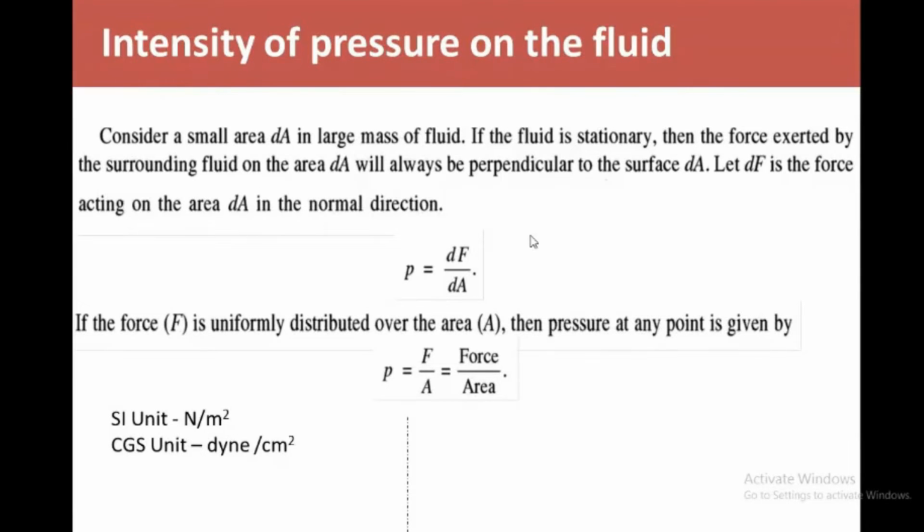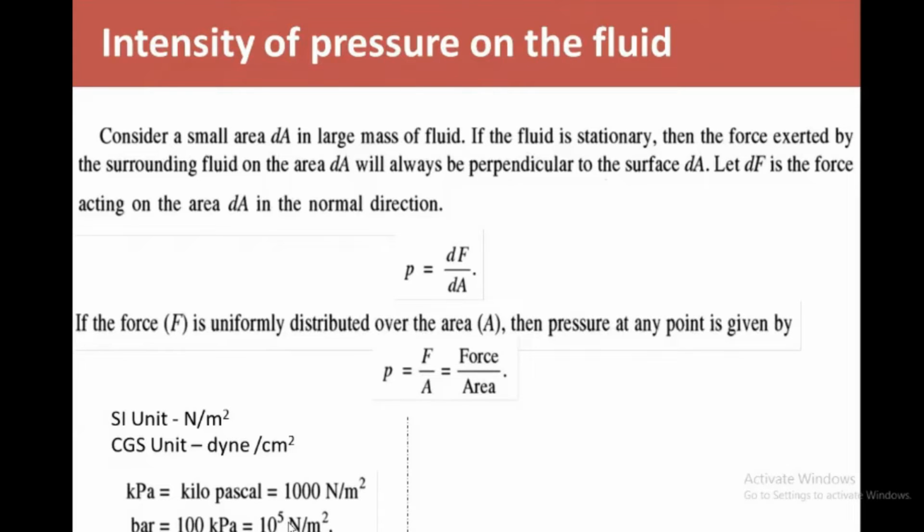Another unit of pressure is the kilopascal. Remember, 1 Pascal equals 1 Newton per meter square. So 1 kilopascal is 10 power 3 Pascal, or 1000 Newton per meter square. Another unit is bar. Remember, 1 bar equals 100 kilopascal, or 100 into 10 power 3, so 10 power 5 Newton per meter square.